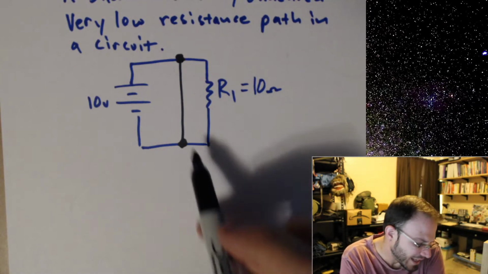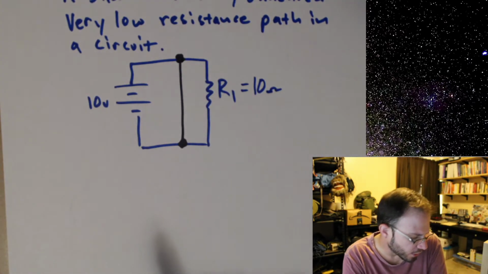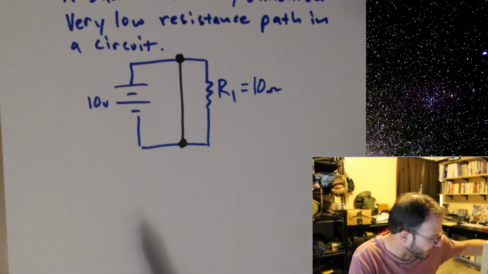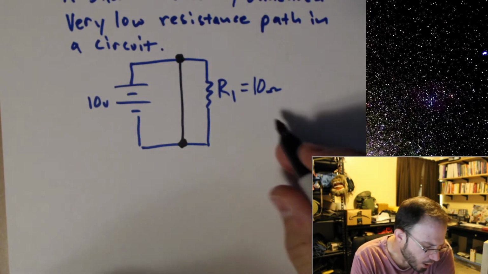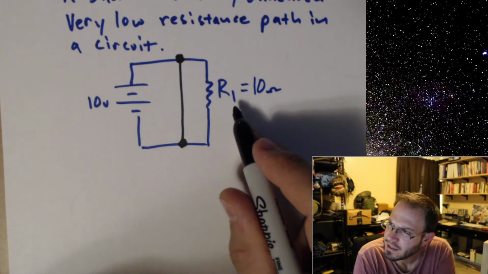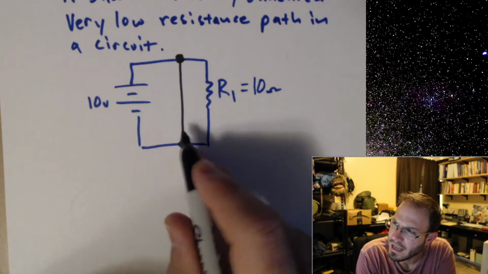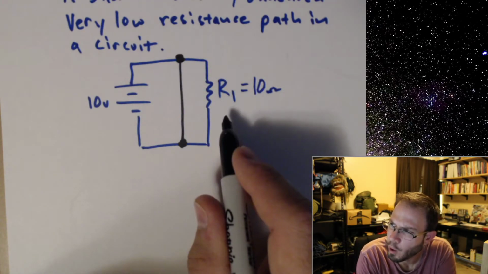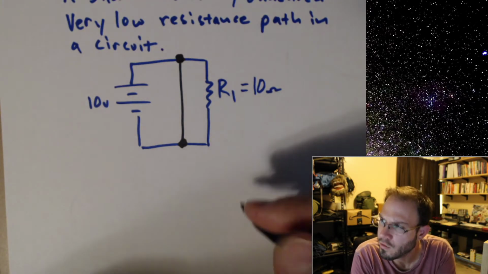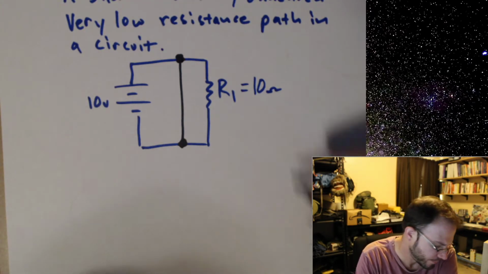So what exactly happens when we get this very low resistance path in a circuit? Well, what ends up happening is effectively this short in parallel with any component is going to remove that component from the circuit.